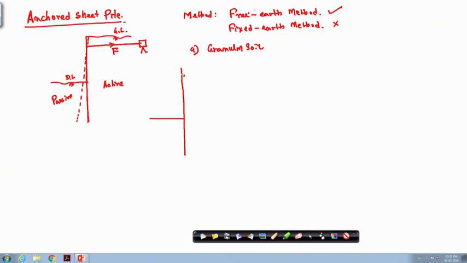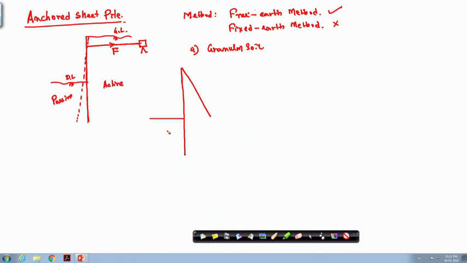So, if we can draw that this is my earth pressure distribution, this is the active condition. Now, from here up to this is only active. Now, below the dredge level, this side is active, this side is passive, left side is active, right side is passive, and definitely your passive force will be greater than the active force.